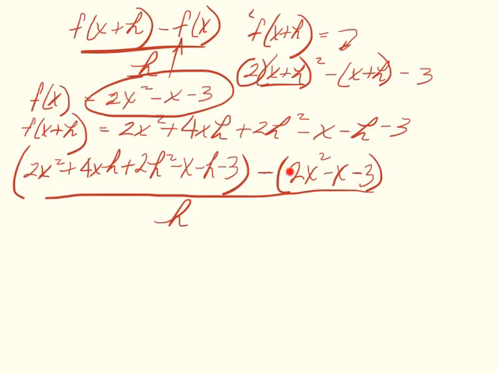Here's my f of x, so I put it here, and it's over h. And then I'm just doing the math, combining like terms and canceling where I can, and I end up with an answer of 4x plus 2h minus 1.